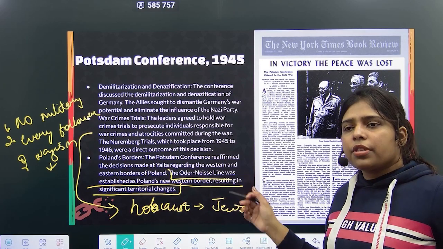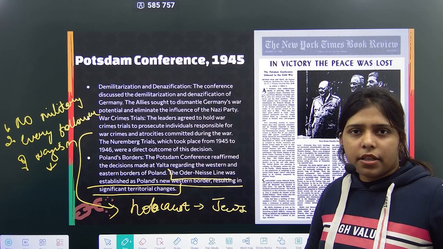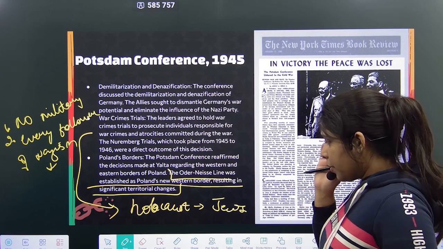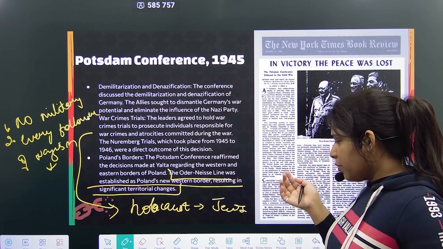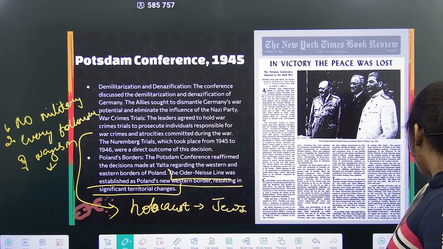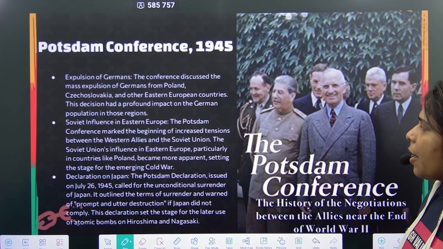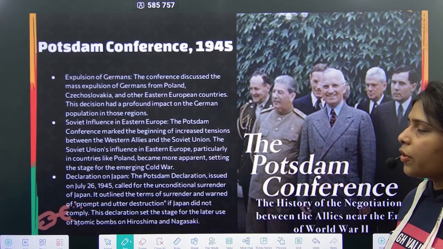It just took those areas thinking it was right to do so. Nonetheless, they were put as the new western border, resulting in a lot of territorial changes in Poland. Then Germans were to be expelled from Poland.